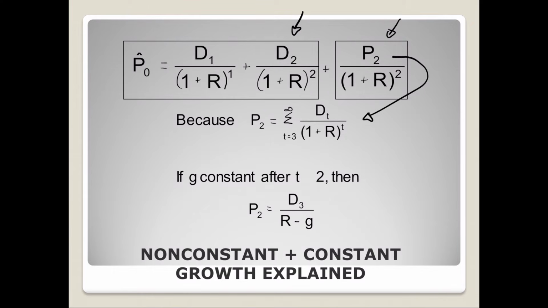So if G, your constant growth rate, is constant after T equals 2, then the price at year 2 is equal to the next year's dividend divided by R minus G. So what this is trying to showcase is that we are figuring out the present value of the dividends during the non-constant growth, and then this price represents the present value of all future dividends growing at that constant growth rate of G.